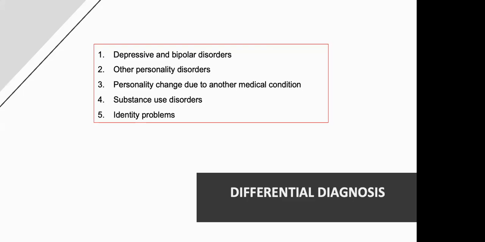And fifth is identity problem. Identity problems here refer to identity concerns related to a developmental phase, for example adolescence, which does not qualify to be counted as a mental disorder. Next.